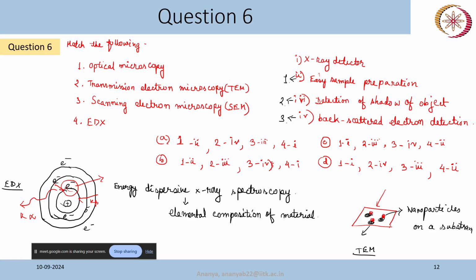This energy will be specific for a specific element. Say for carbon, this is the value of the energy of the X-ray, and for oxygen it is a different value for the characteristic X-ray.